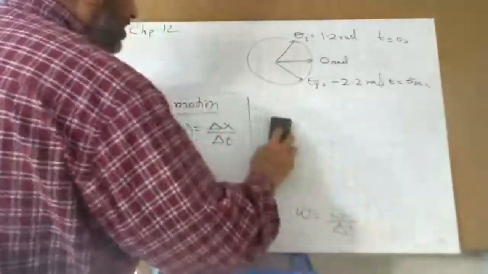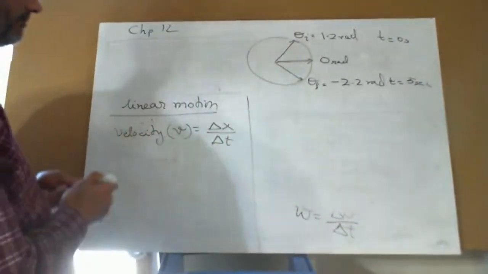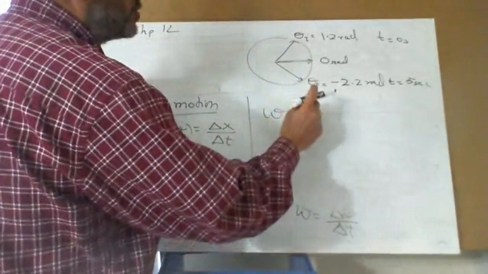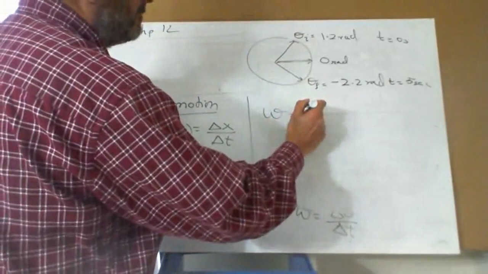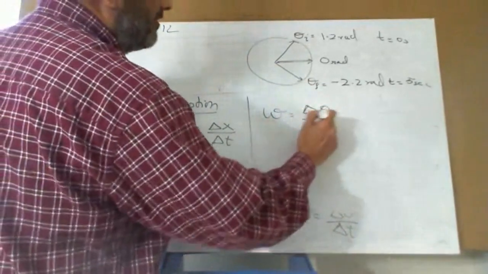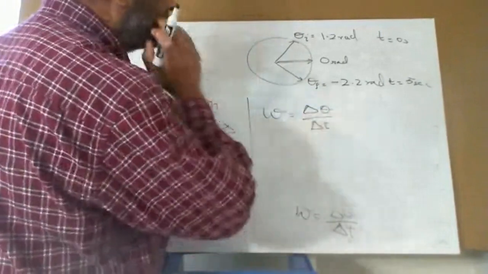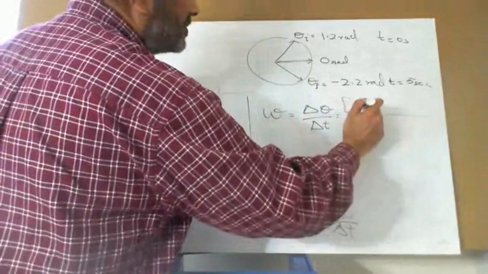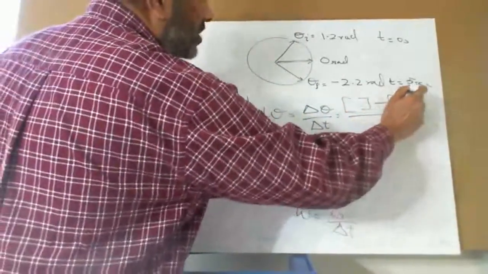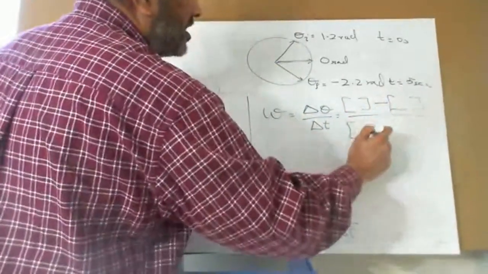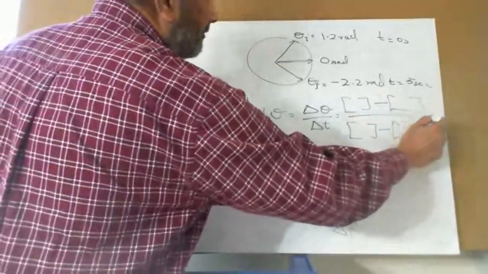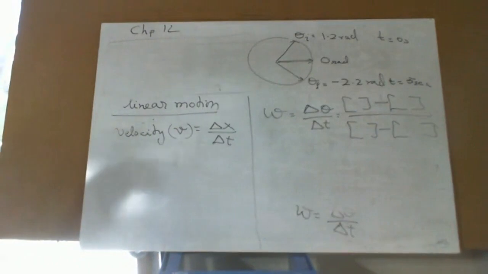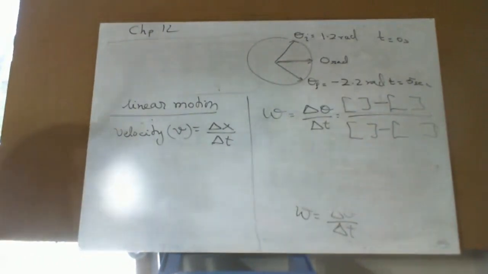So angular or rotational velocity is equal to change in angular position divided by the change in time. Change in angular position, remember, is final angular position minus the initial angular position. Okay, and let's put in the numbers here.